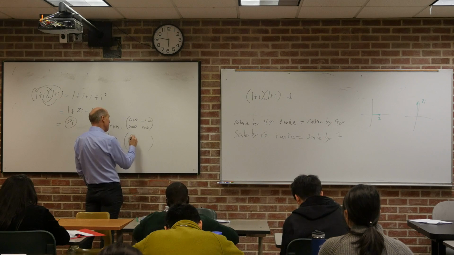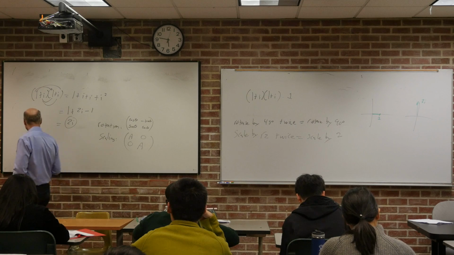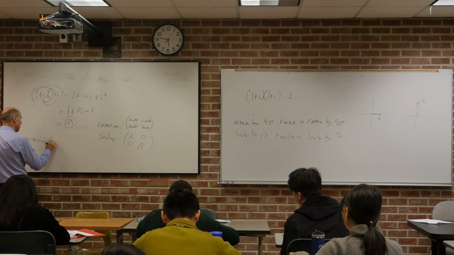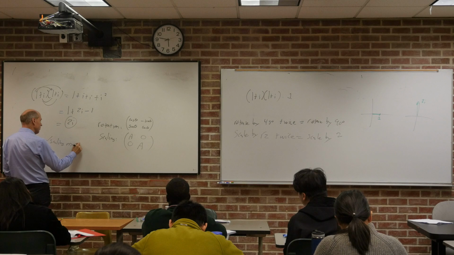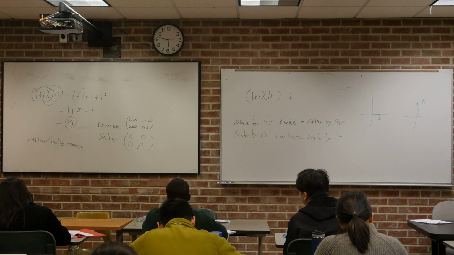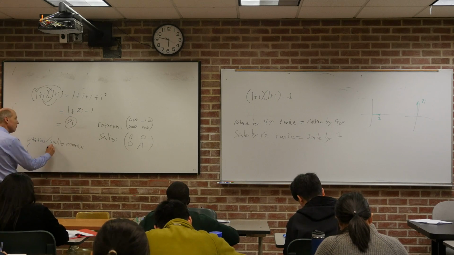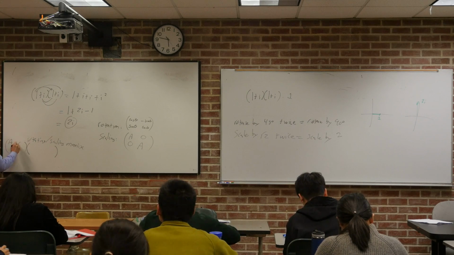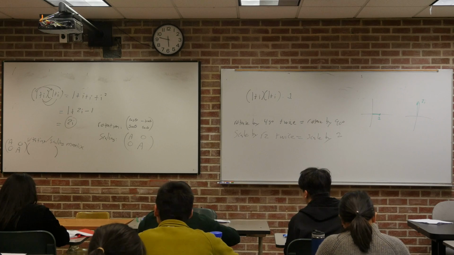A 0, 0, A. Okay, and then I can put these together and make a rotating scaling matrix. If I multiply these, can you see the order doesn't matter? I can scale and rotate or rotate and scale and end up in the same place.